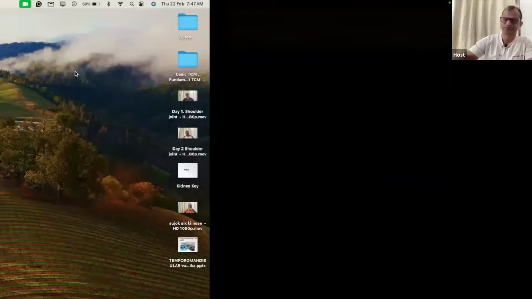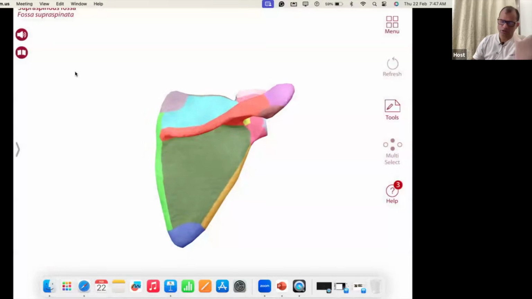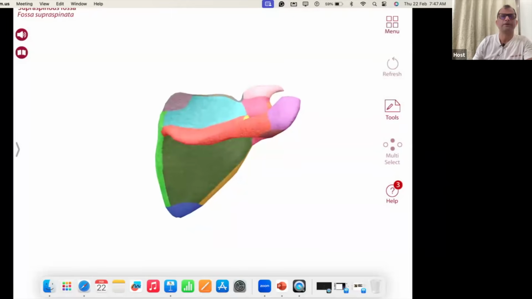So we can see here in this image. This is the area which is called the supraspinatus fossa. This one.